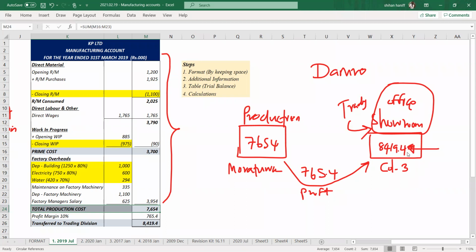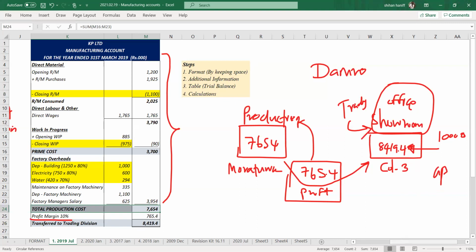Let's say they are selling this at 10,000. 10,000 minus this is their gross profit. So this is a profit margin kept by the production department.